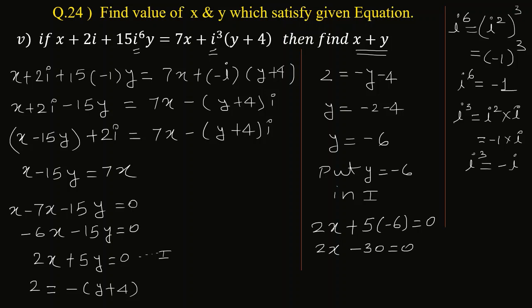So next we are getting 2x is equal to 30, and when we simplify we are getting x is equal to 15. So from this we obtain the value of x, which is 15, as well as the value of y, which is minus 6, which we require.